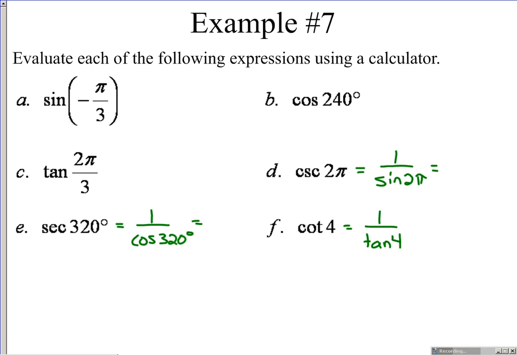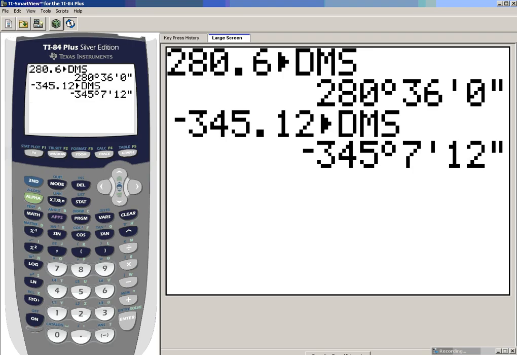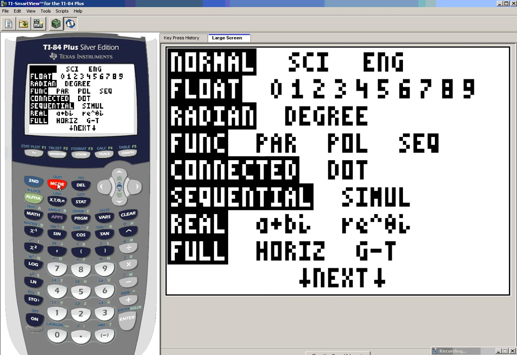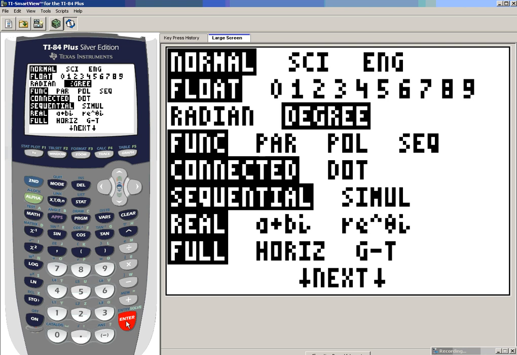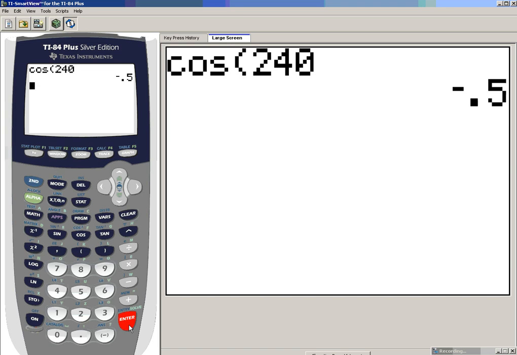So let's go through and do the 2 with degrees first on the calculator. Cosine of 240, check your mode first of all. Right now, this calculator is in radian mode, so I'm going to arrow down, highlight degrees, hit enter. That changes now to degree mode. And now we can punch in the stuff just like we see it. Cosine of 240 is negative 1/2.